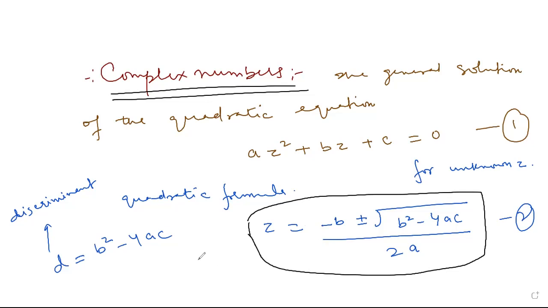Now if the discriminant, b square minus 4ac, is negative, we must take the square root of a negative number in order to find z.